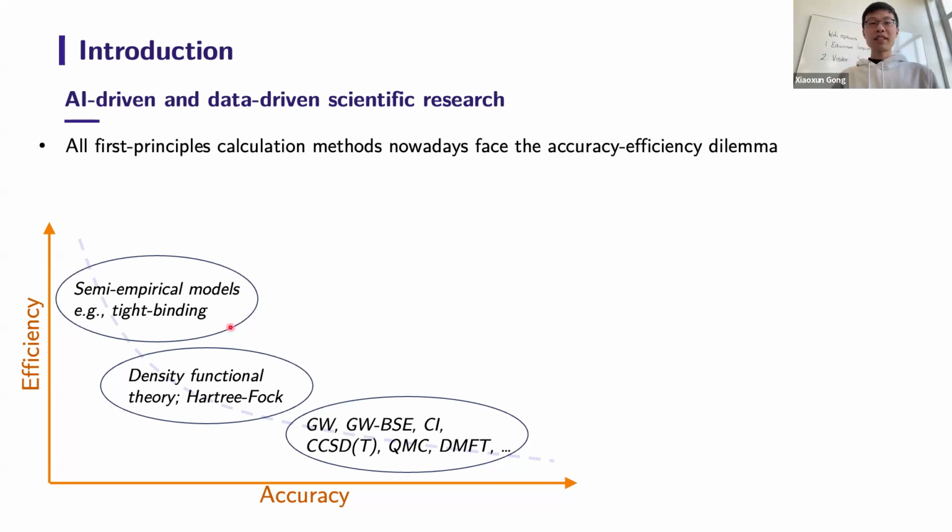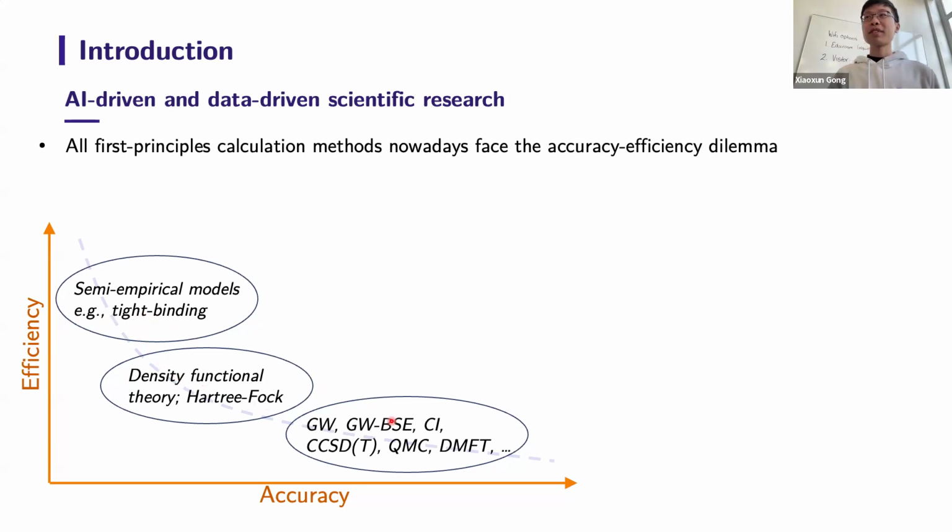Here I have summarized some representative calculation methods. On the left-hand side, we have the most efficient but least accurate ones, like semi-empirical methods such as tight binding models. In between, we have density functional theory and Hartree-Fock theory.